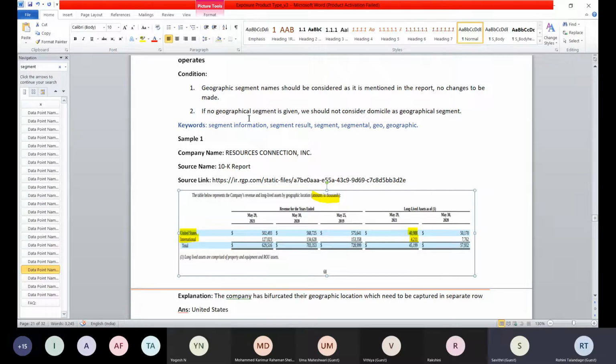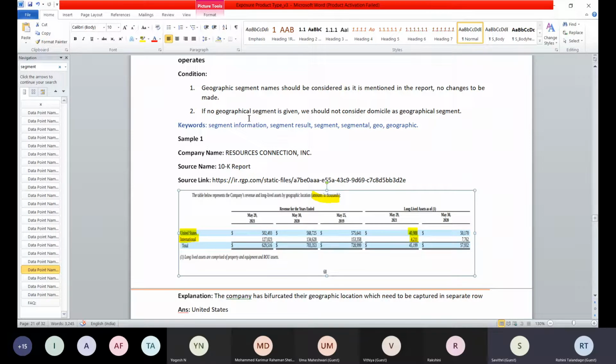And in case they have not given any geographical segment detail, earlier in production the team used to put the domicile. If the company belongs to the US, they would put US as a geographical name.